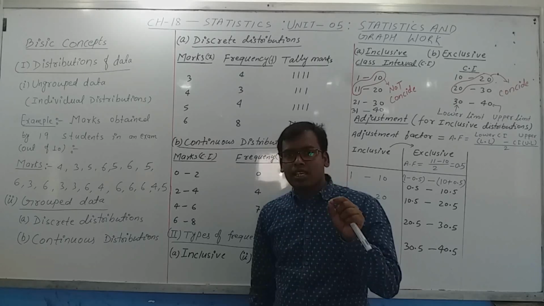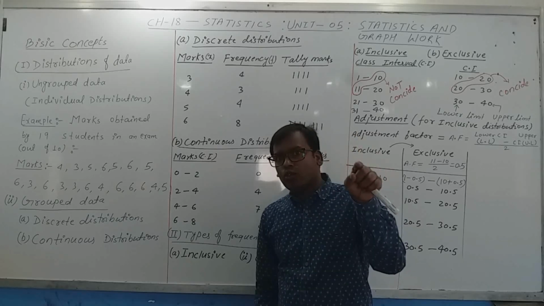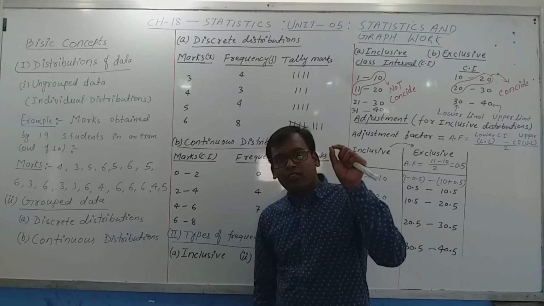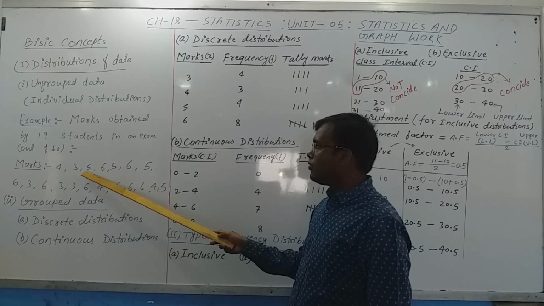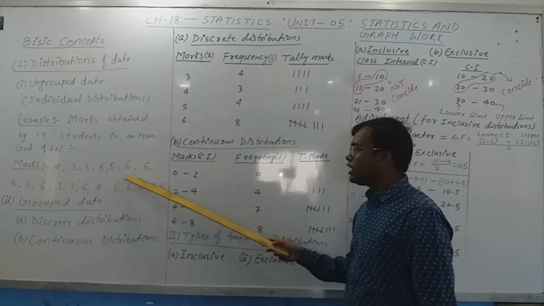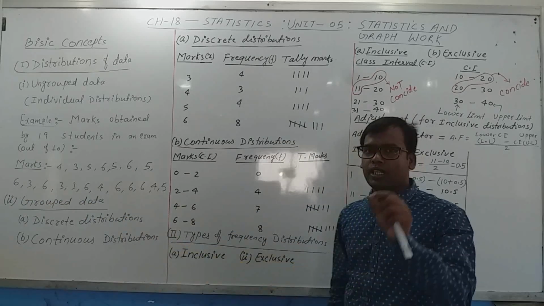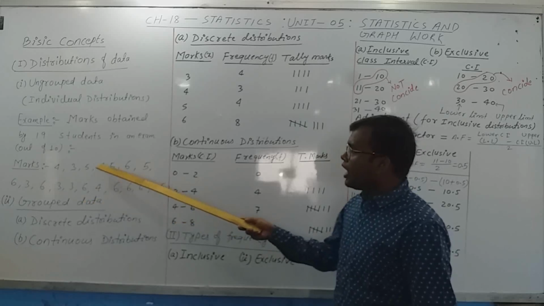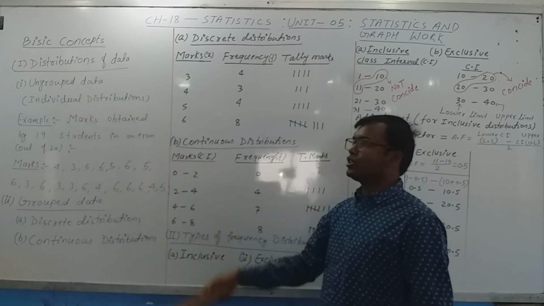If I am asking one by one your marks obtained out of 10, and that marks I have collected over here. So here it is 4, 3, 5, 6, 5, 6, 5 and all these are the marks obtained by the 19 students. So this information is known as ungrouped data or individual distributions.